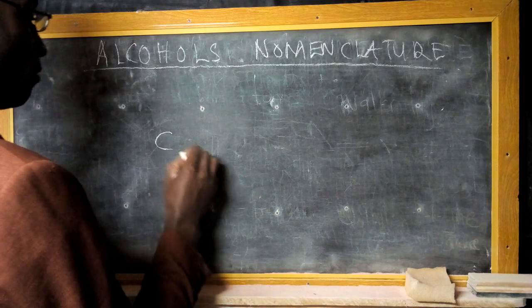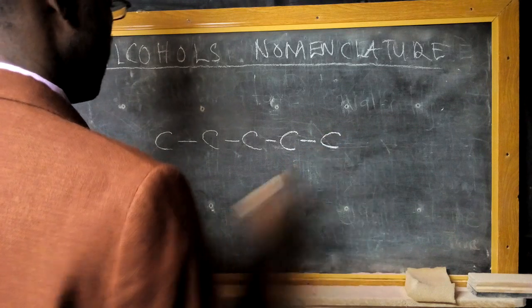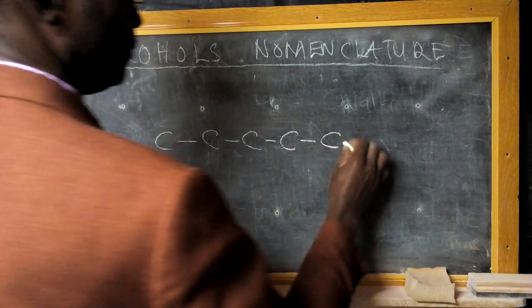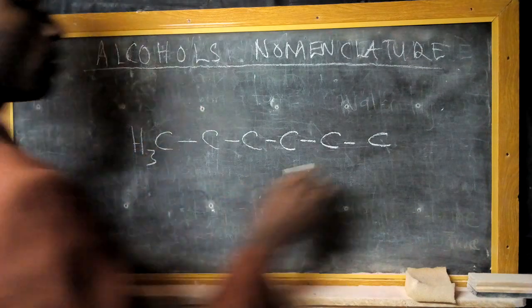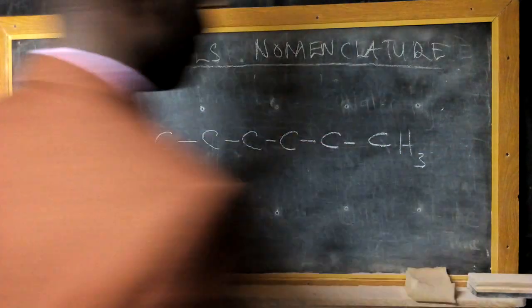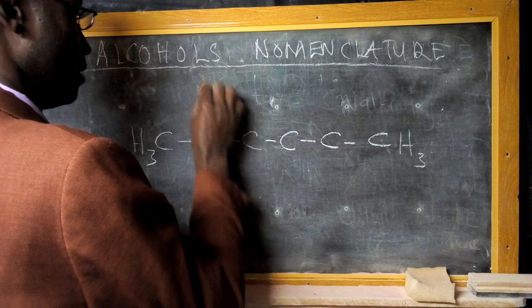Let's have an example of a compound. So we shall have a substitution at this particular carbon, where we have a methyl group.